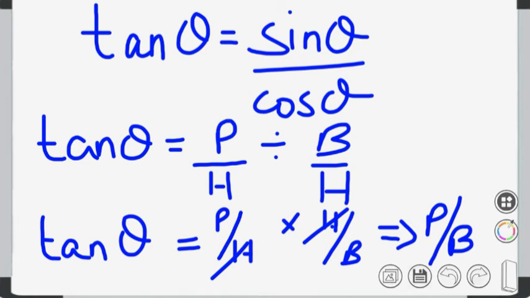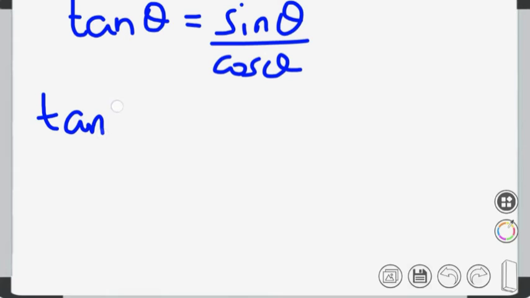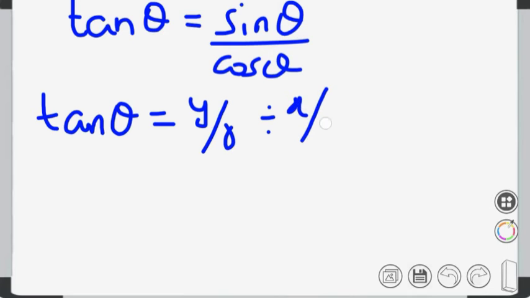And in terms of x, y and r, you can write it as tangent theta is equals to sine theta over cos theta, that is tangent theta is equals to sine, which is equals to y over r, divided by cos, which is equals to x over r.